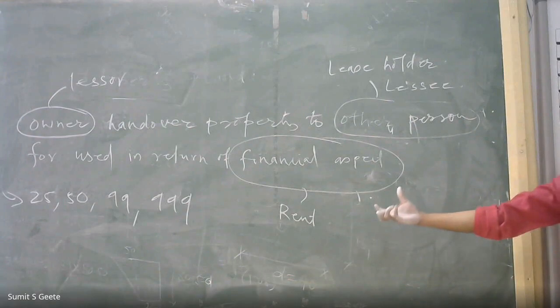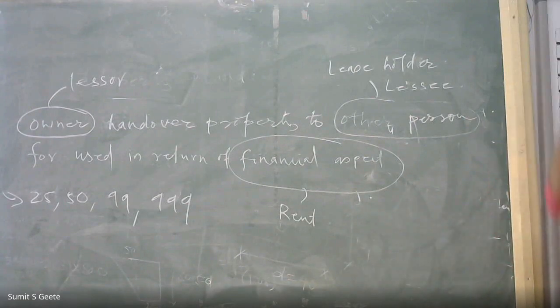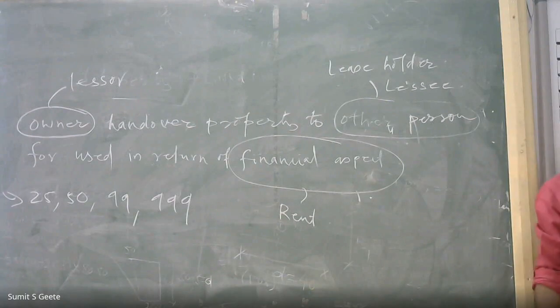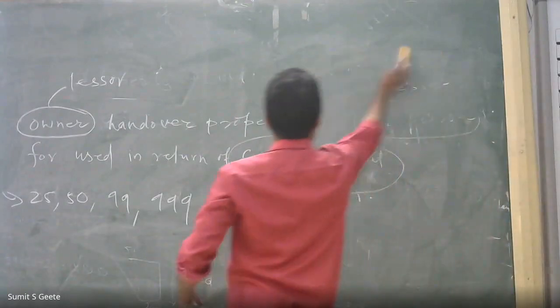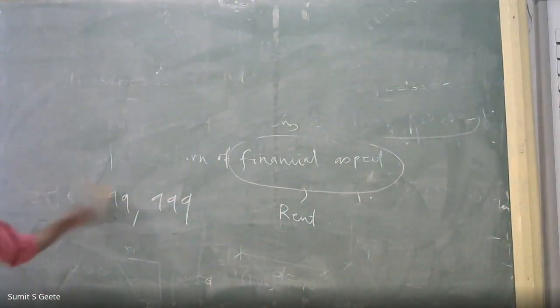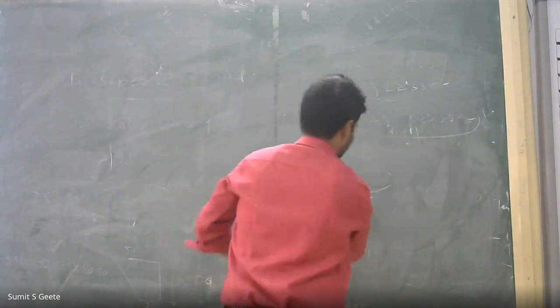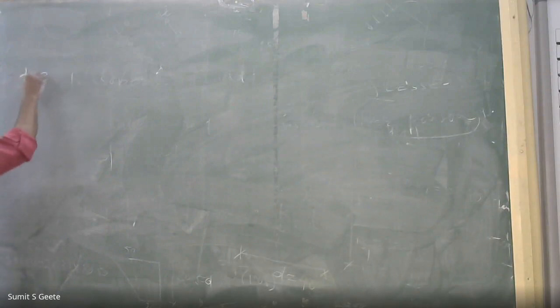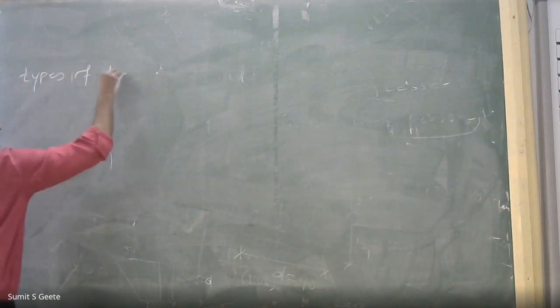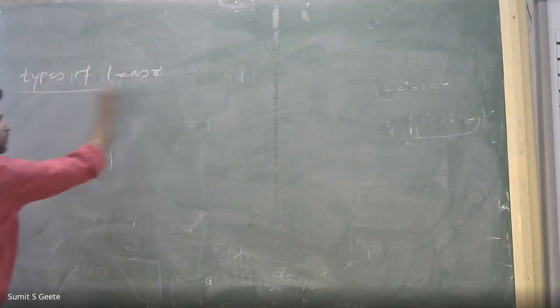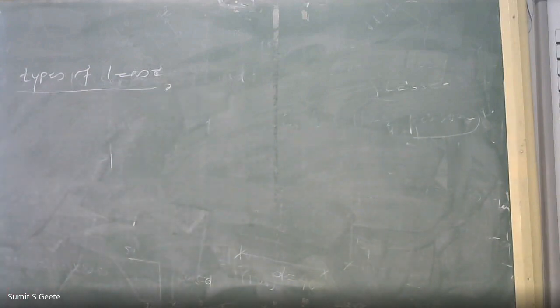That amount is basically called rent. If you are just utilizing the land only, then it is called ground rent. Right? Now there are various types of lease. Three or four types of lease are there. Okay.